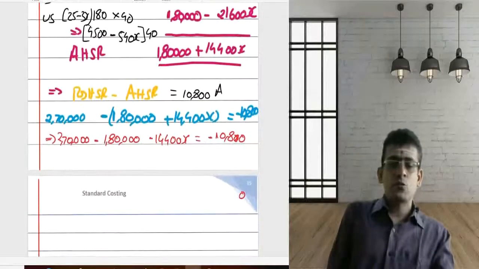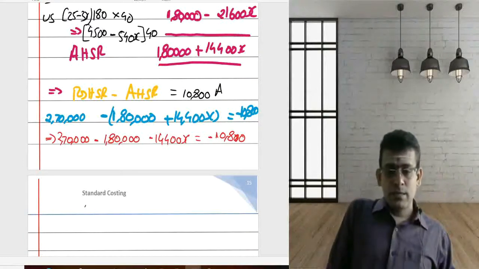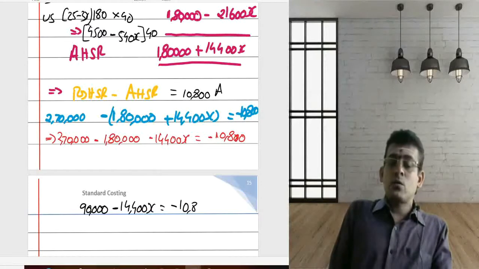Let us simplify one by one. 2,70,000 minus 1,80,000, you are getting 90,000. So now your equation is 90,000 minus 14,400x is equal to minus 10,800.